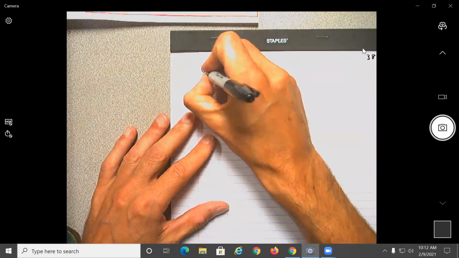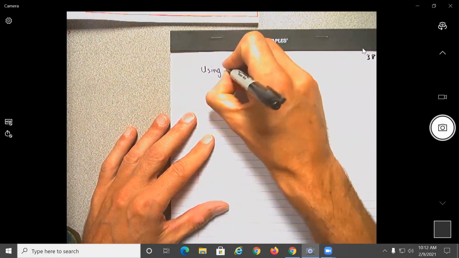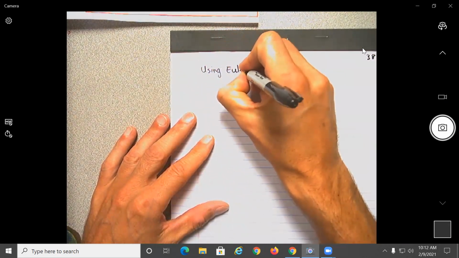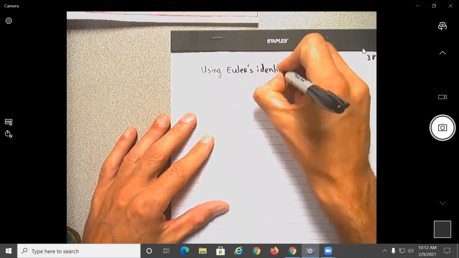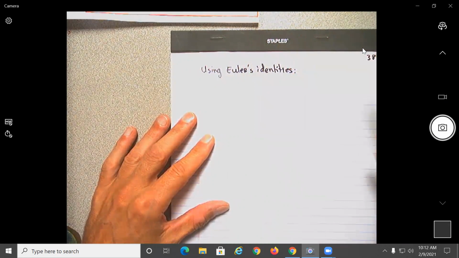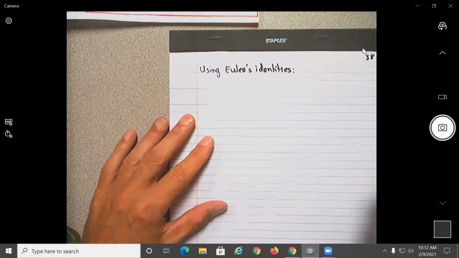So using Euler's identities, which are what?